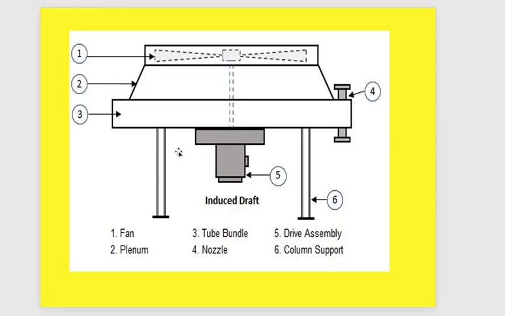The main structure for this induced draft is fan, plenum, as we said, and the tube bundle, nozzles for inlet and outlet, drive assembly, and column support. Okay. When you select the induced draft and you stop this motor, you have the capability to move the air naturally from bottom to top by the driving force of the different density of air itself.